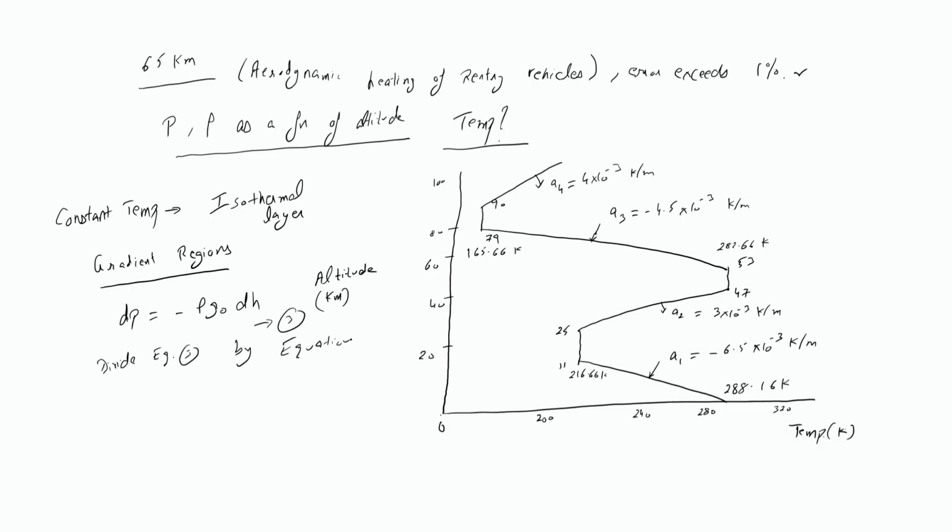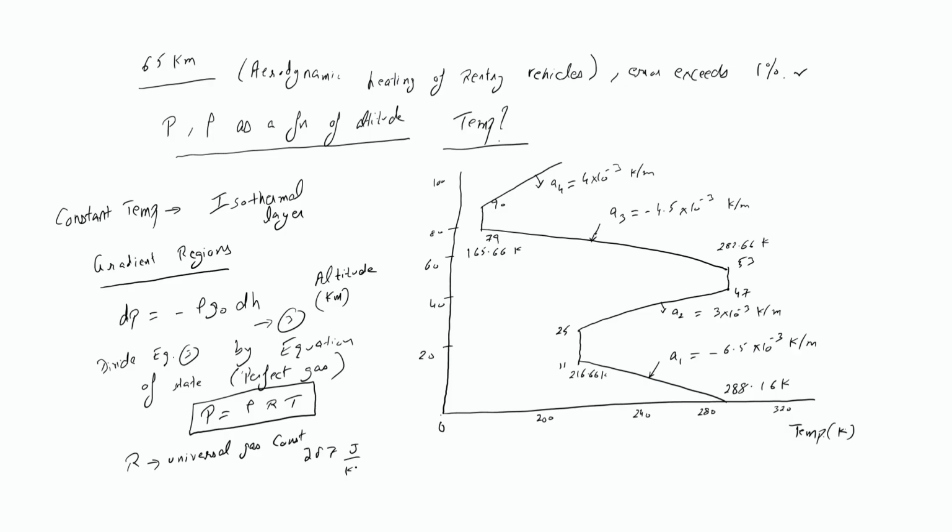Remember what was the equation of state? I'm sure you must have studied. That is the perfect gas equation, P equals rho R T. R is the gas constant, which is approximately 287 joules per kg Kelvin.